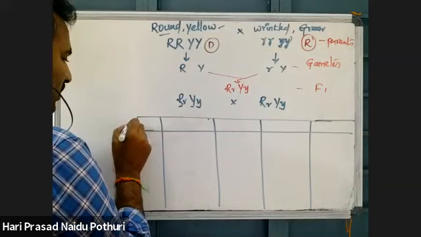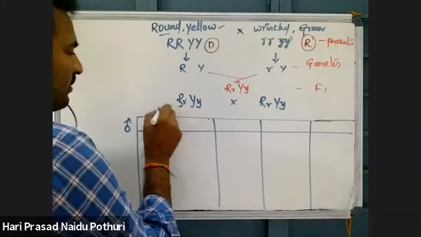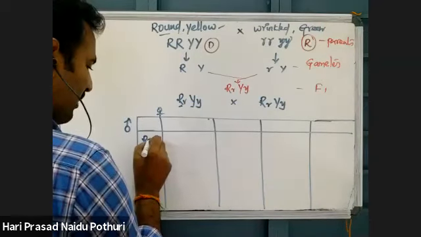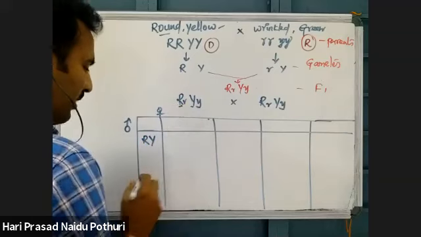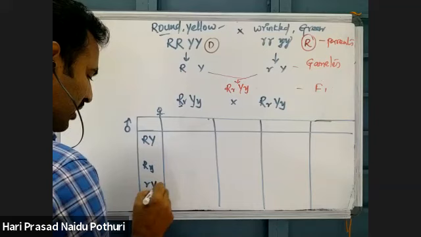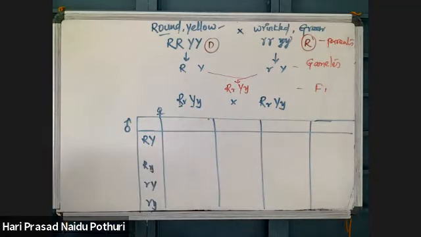Suppose this is male parent, this is female parent. Male parent is producing gametes: capital R, capital Y, one gamete; capital R, small y, one gamete; small r, capital Y, one gamete; small r, small y, one gamete.